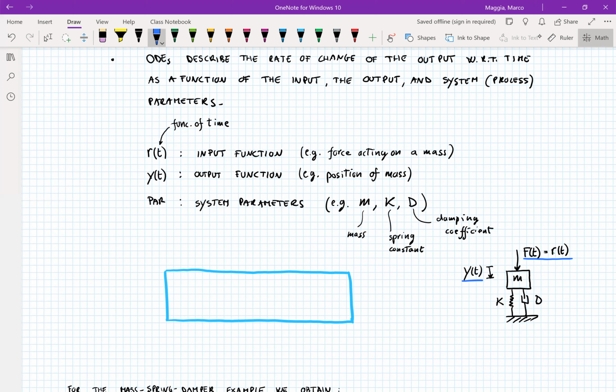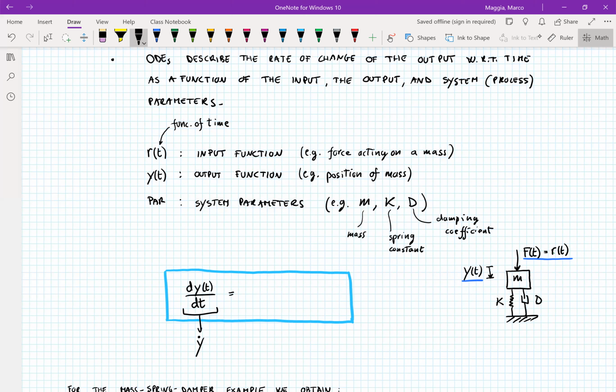So the ODEs can be written as follows. We have a derivative of the output with respect to time, so the rate of change of the output with respect to time. We can write it as dy over dt, or more simply, y dot.